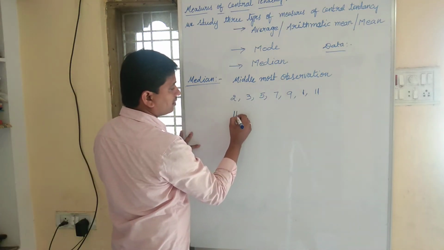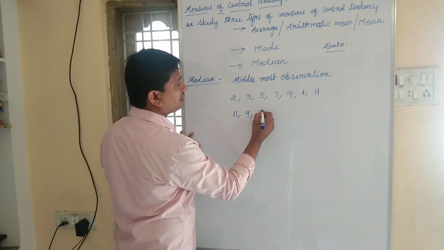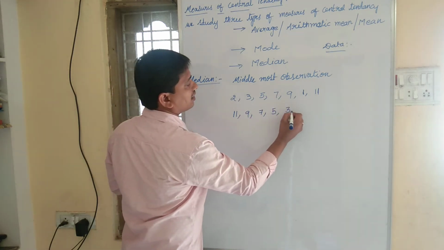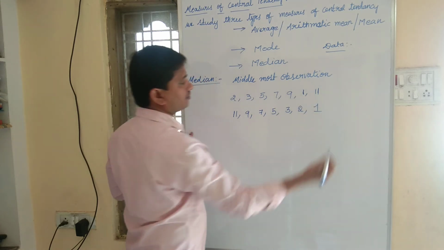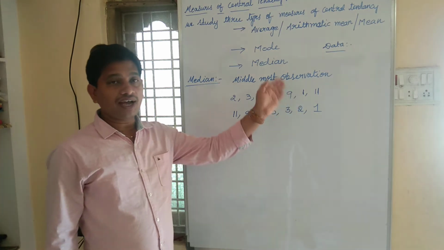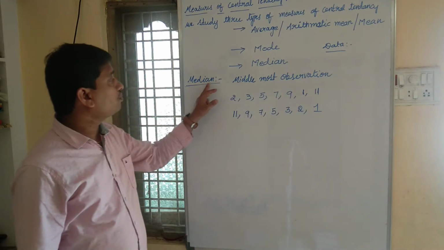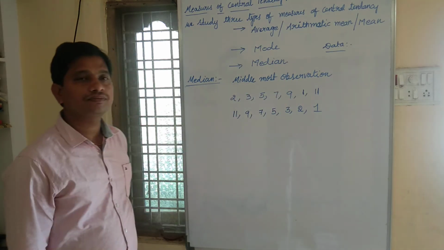The first one is 11, I mean big to small. Then we have 9, 7, 5, 3, 2, 1. After arranging the data in descending order, this is the order. As I told you, median is the middlemost observation.